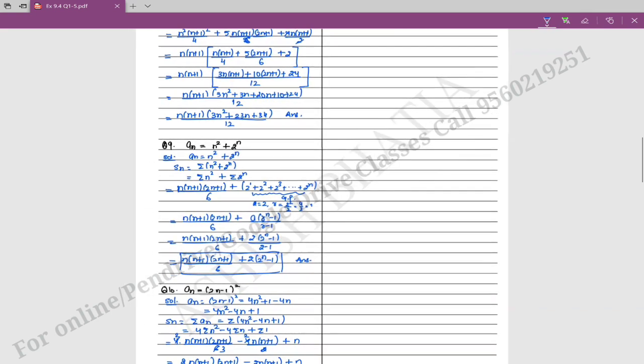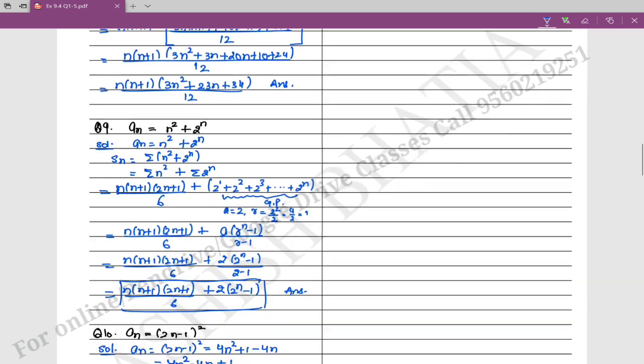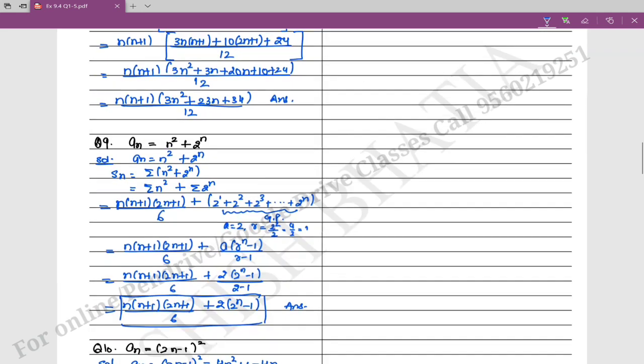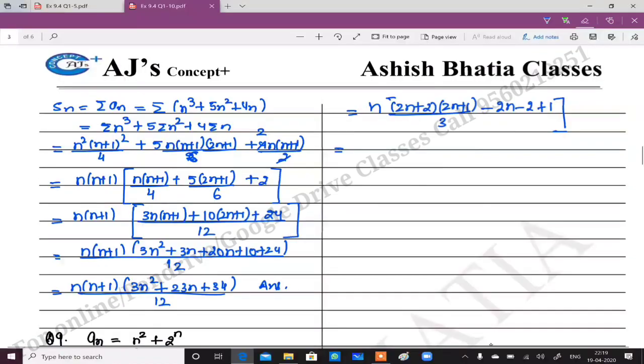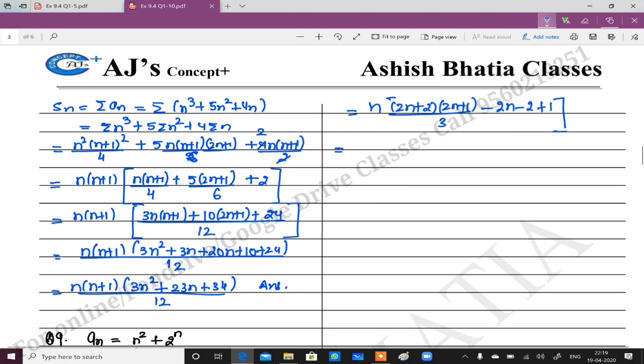Now if I multiply the bracket, it will be 2n plus 2 into 2n plus 1 upon 3. Then I will open the brackets, minus 2n minus 2 minus 2 plus 1. Now it will be n.